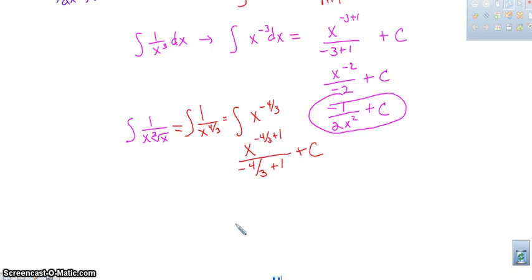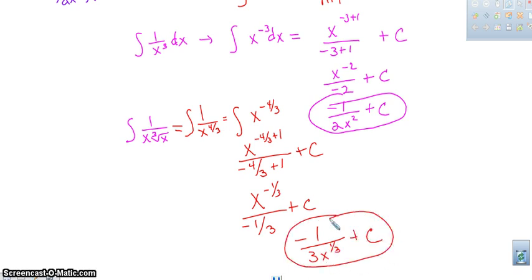That gives me x to the negative 1/3 over negative 1/3 plus c, which is negative 1 over 3x to the 1/3 plus c. That's the power rule, and if you take the derivative of this, you should get this, whichever way you had it written. So that's the basis of the power rule.